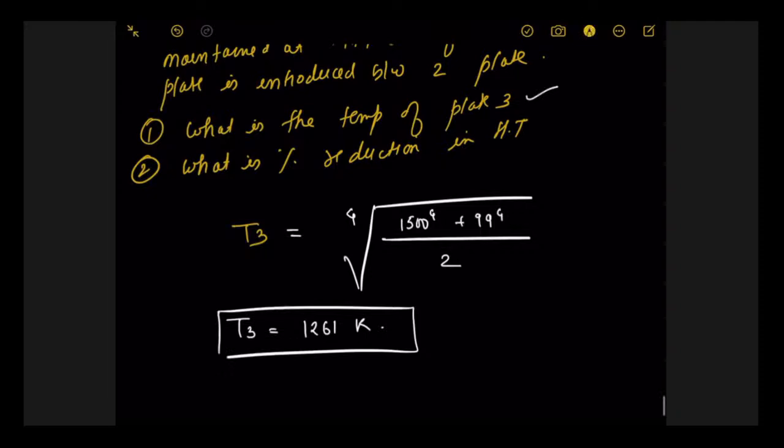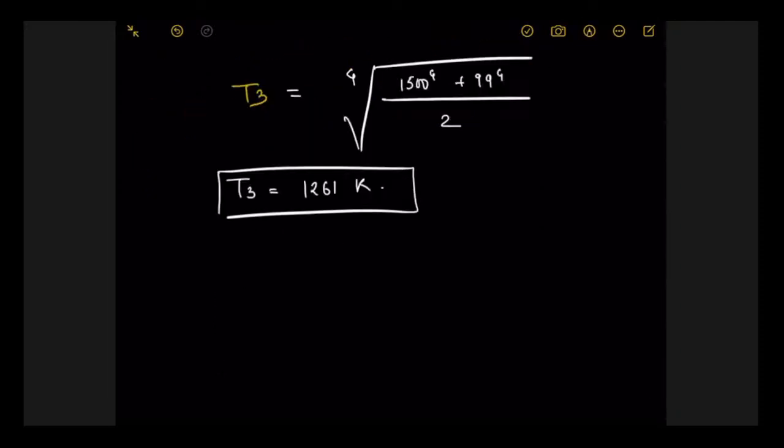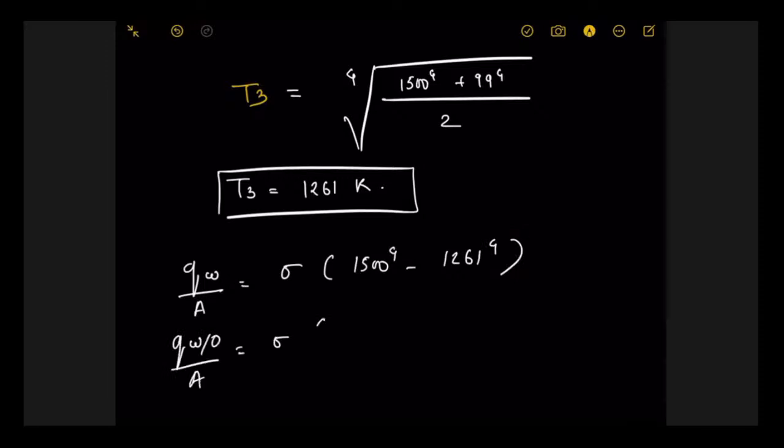Now they have asked what is the percentage reduction in heat transfer. Percentage reduction in Q: Q with shield is sigma times (1500 to the power 4 minus 1261 to the power 4), and Q without shield is sigma times (1500 to the power 4 minus 99 to the power 4).